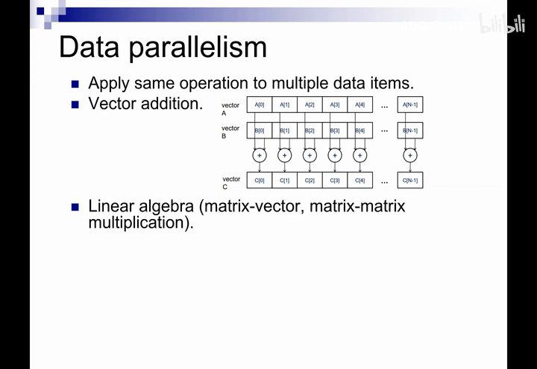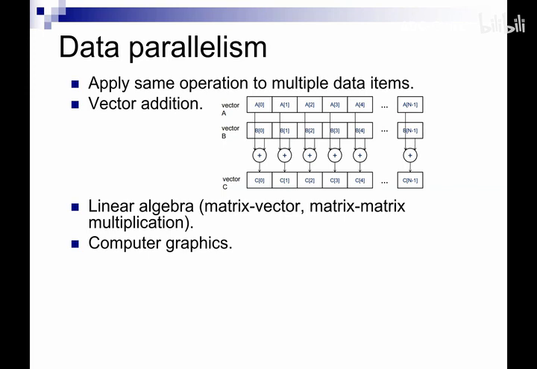The dot product is simply that for every component you do a multiplication, and in the end you add all those up. That's a very similar data access pattern and computational pattern as vector addition. And so most dense linear algebra operations are data parallel.